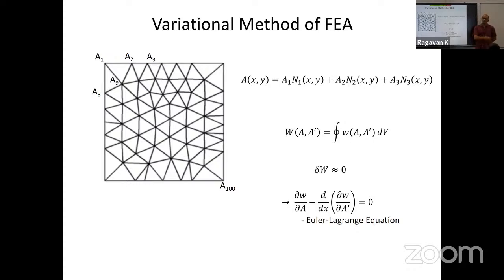But in another domain, it can be some other value. In electromagnetics, energy is considered as the measure. So let me call this W the energy density. When the variation of W approaches 0, this energy density function satisfies this. This is called the Euler-Lagrange equation.